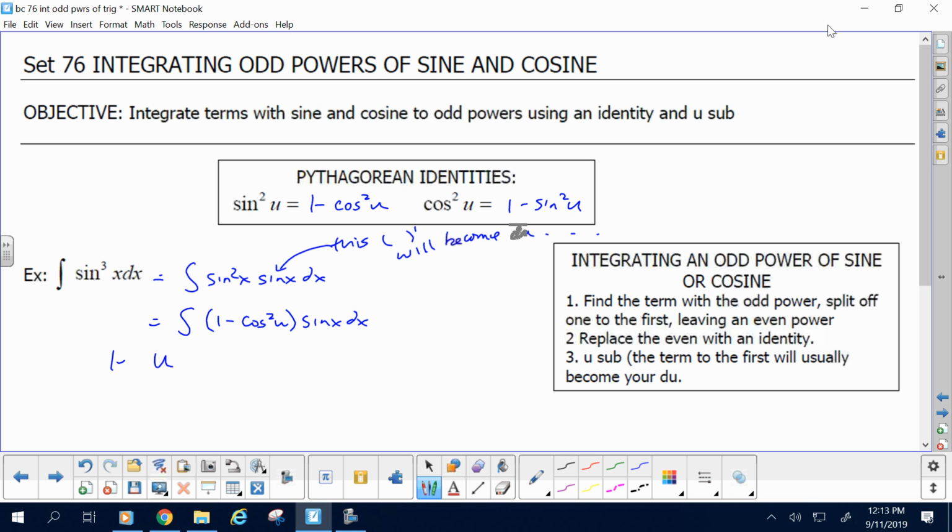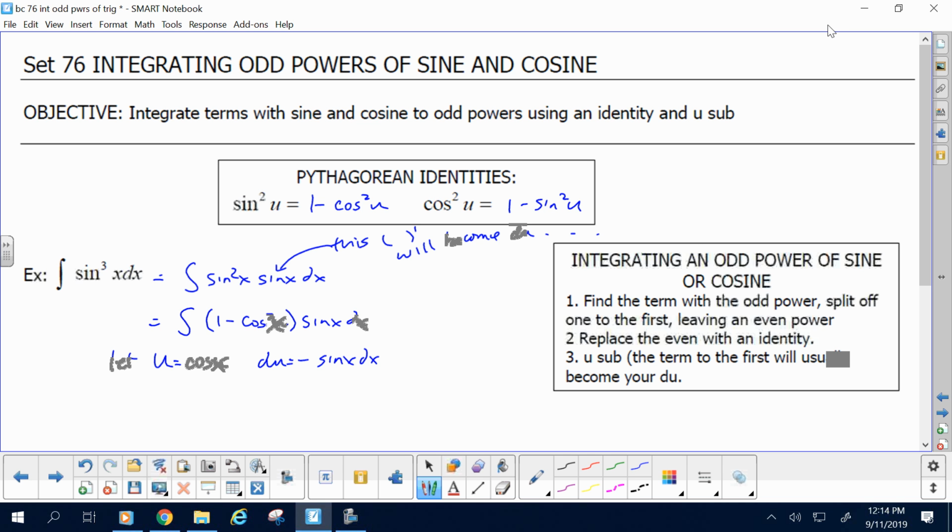Let's let u equal cosine x. Sorry, these should be x in there. U is cosine x. You with me? So what's du? Negative sine x dx.